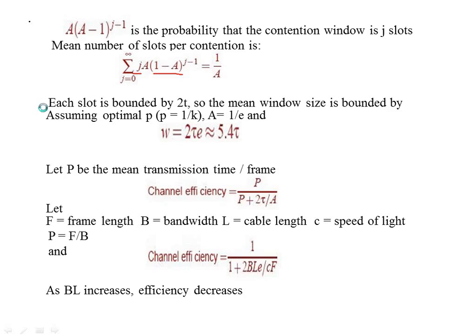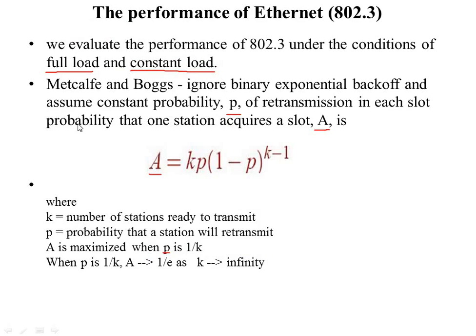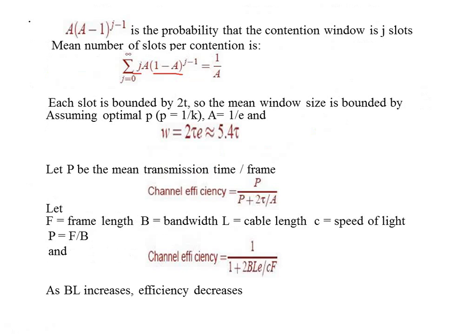Considering these equations and substituting into this equation, the contention window size will become nearly equal to 2 tau e, that is nothing but 5.4 tau, the time duration of that window size.